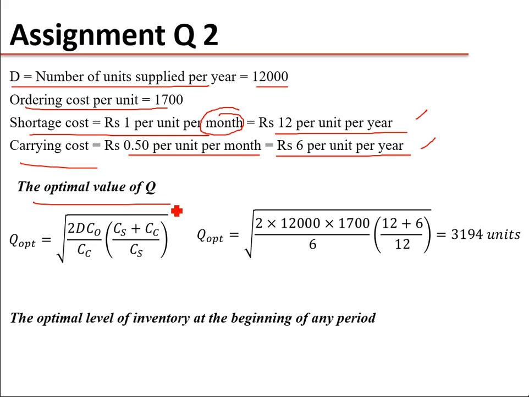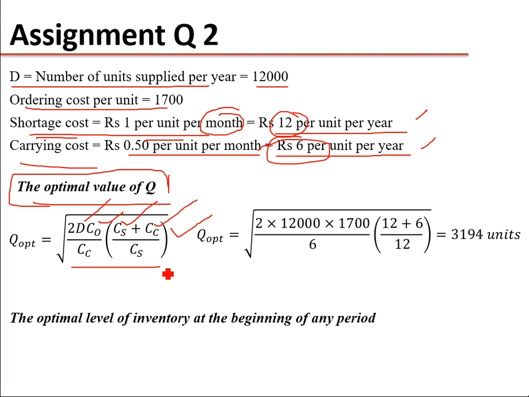Now for this case, when we allow shortage, the formula we already know is Q equals the square root of 2 D C0 upon C C, multiplied by the square root of (C S plus C C) upon C S. Demand we know, ordering cost is given, shortage cost is 12 and carrying cost is 6, all mentioned.